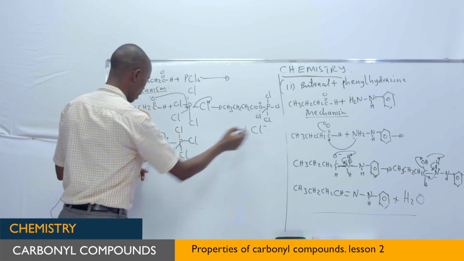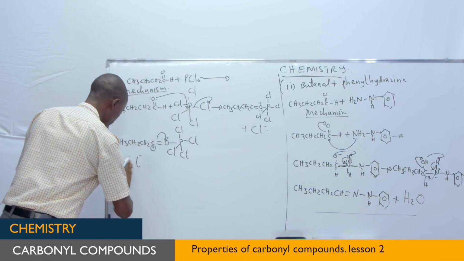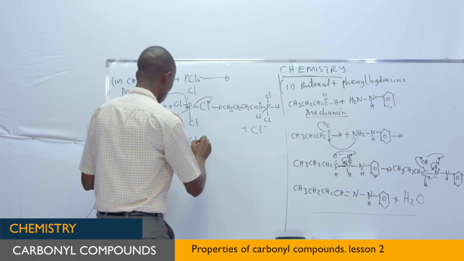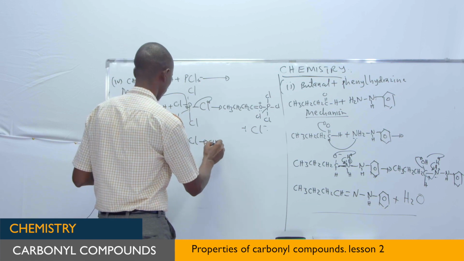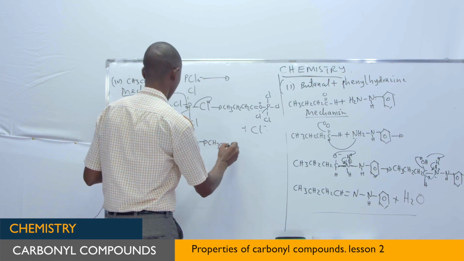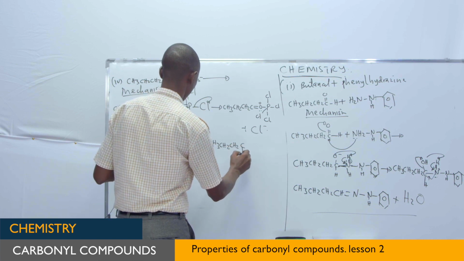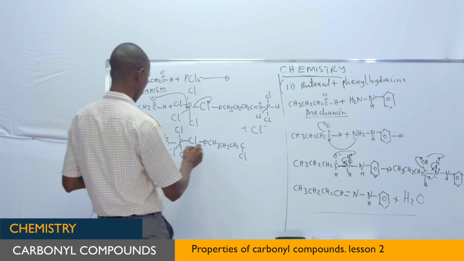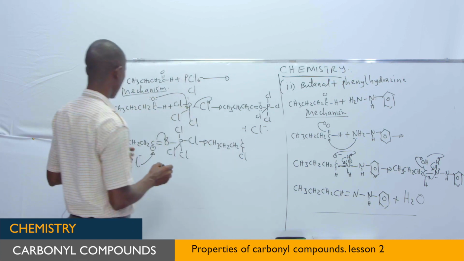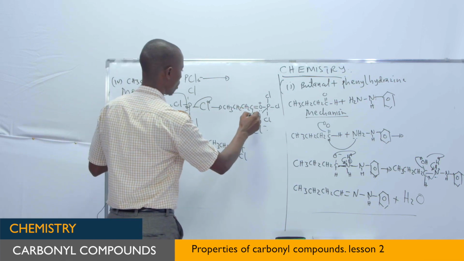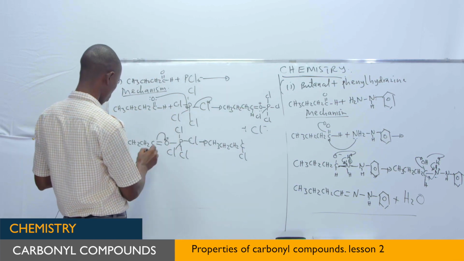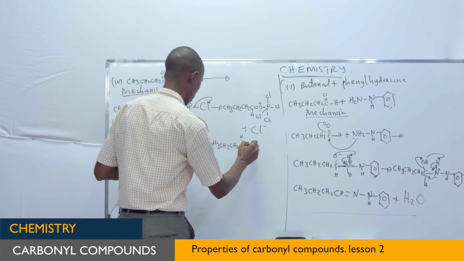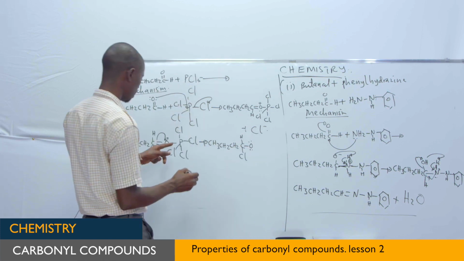To stabilize this one, this chloride ion will come and neutralize this positively charged carbon. So we are going to have the following. This chloride will be taken there. And remember, this carbon had the hydrogen atom, so we put it there in that way. The lone pair of oxygen is returned.